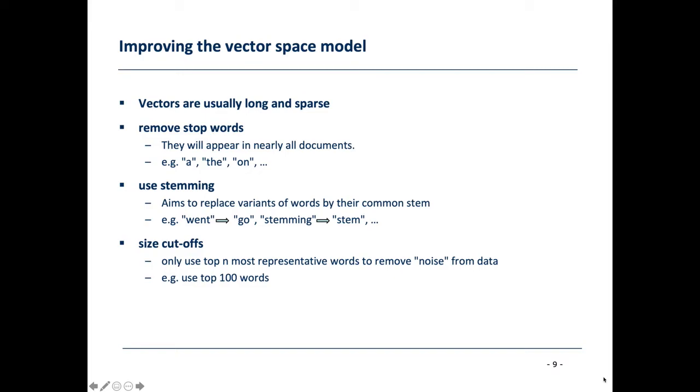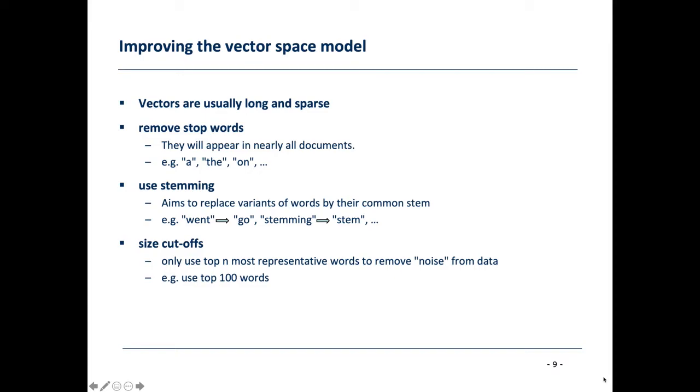So I will stem those, as you can see with the examples here, went being reduced to go and stemming to stem. Similarly, plurals are also something that we reduce to the root form, so the singular form.